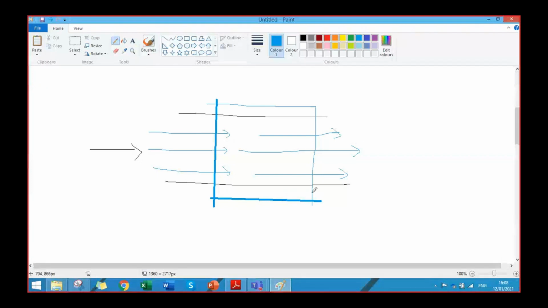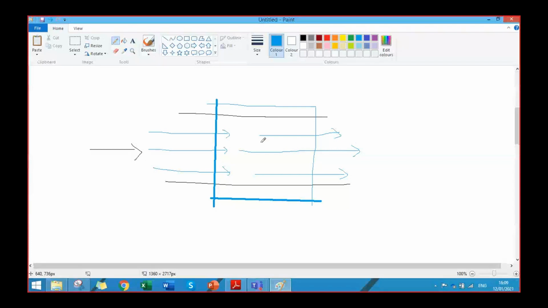The mass of the control volume will always change, because I am not fixing it. I am only defining an imaginary boundary across which water can come inside and then go outside. If the flow rate coming into the volume is more, then the mass of this control volume will increase. If the inflow is less compared to the outflow, then the mass of this control volume will decrease.